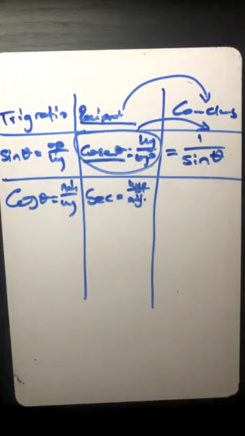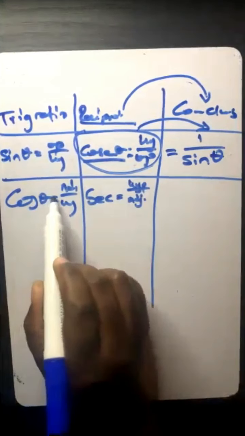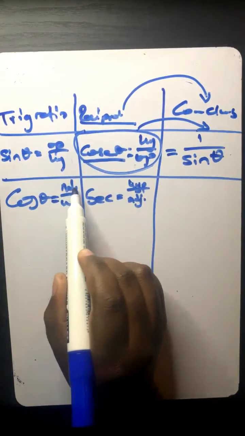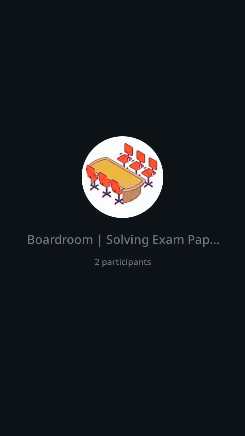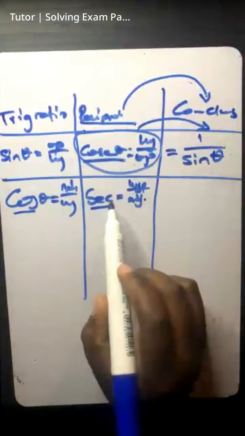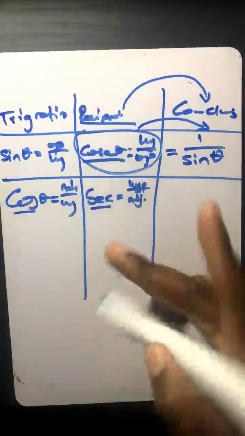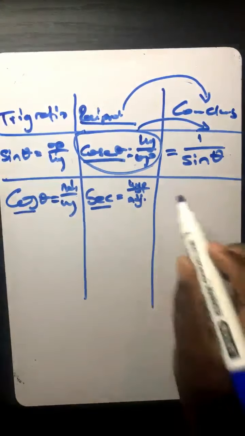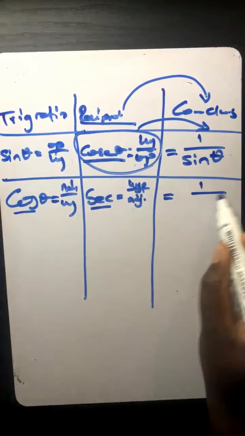Okay, sir. So now we have cos angle, which equals, we know cos is adjacent over hypotenuse. So the reciprocal of this is actually sec. And sec is the hypotenuse over adjacent. So we just swap the denominator and the numerator. So that means this thing is actually equal to 1 over cos angle.